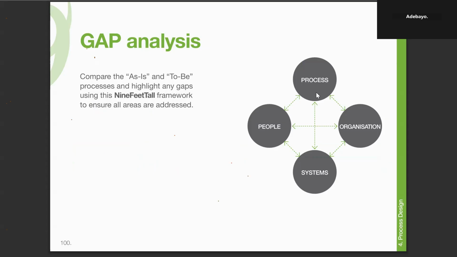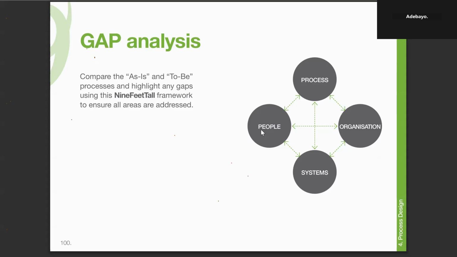So the gap analysis can be done by looking at the things that often cause gaps, which are seen within people, process, organization, and system. Either your technology is having issues, which is the system. If you can update the technology and make it better, then it makes sense. It can be the people. Maybe they are not highly trained or skilled, and need retraining. You have to go for upskilling, training programs, right?